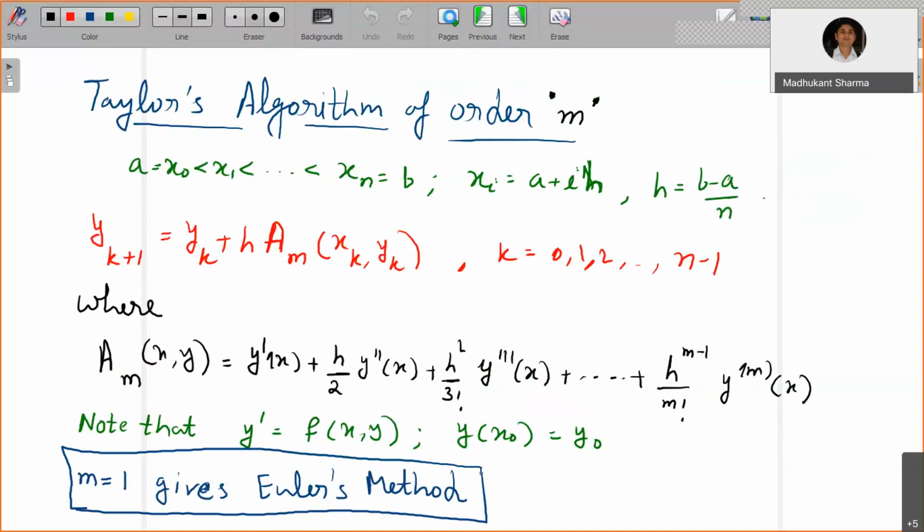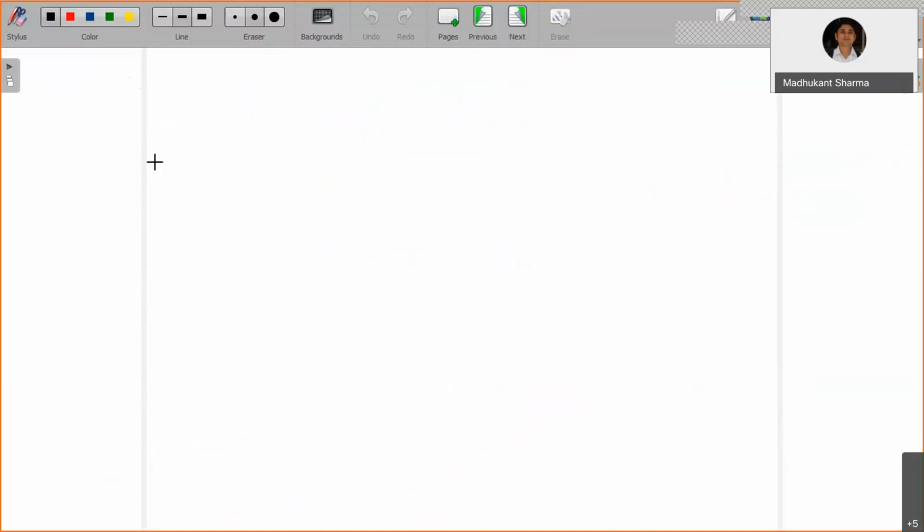It's very simple to observe that y at x k plus 1 equals y at x k plus h; you are looking at the neighborhood of x k only.